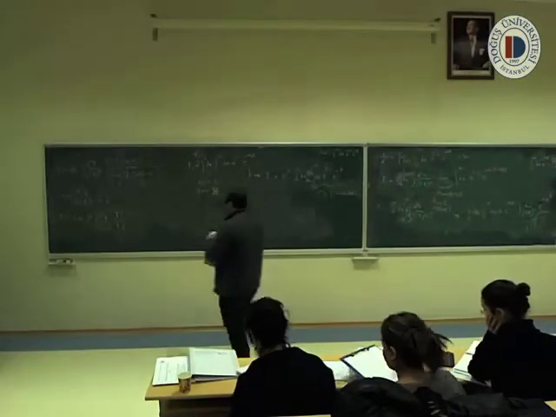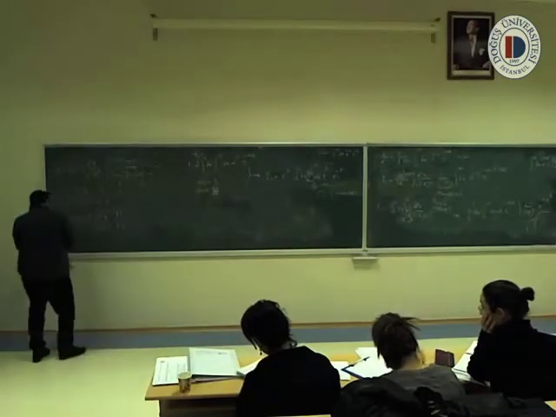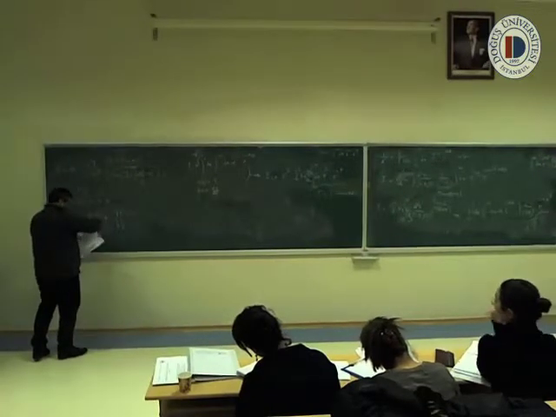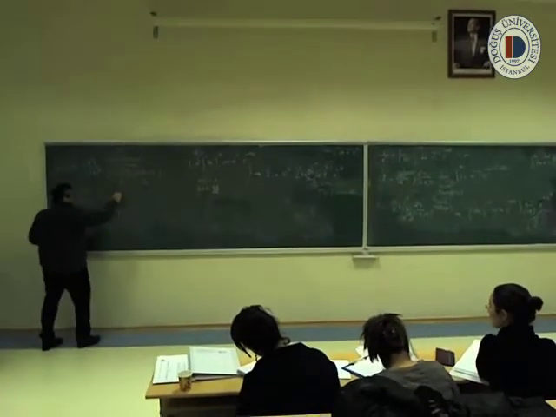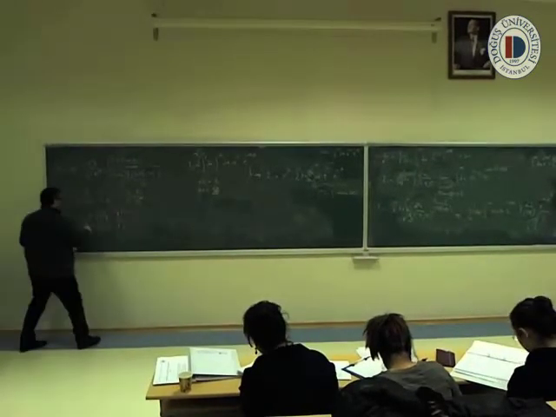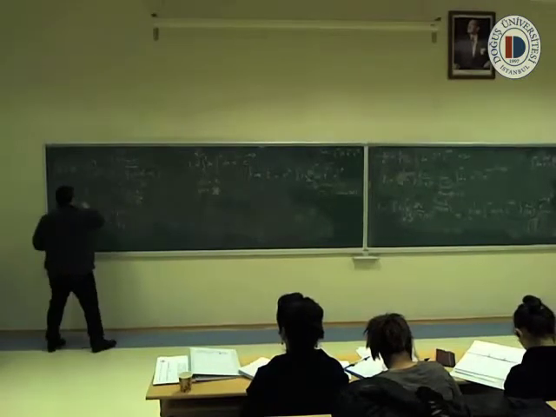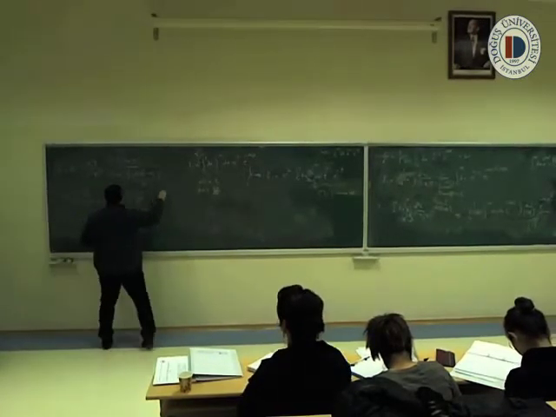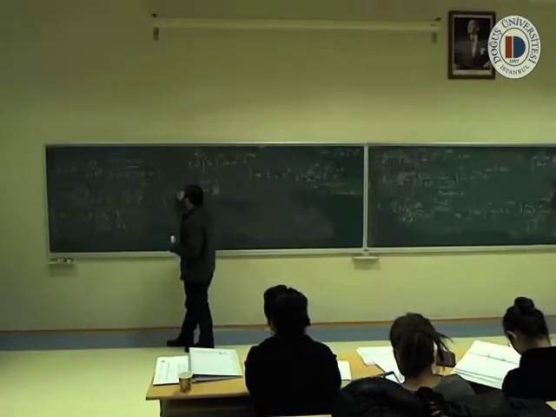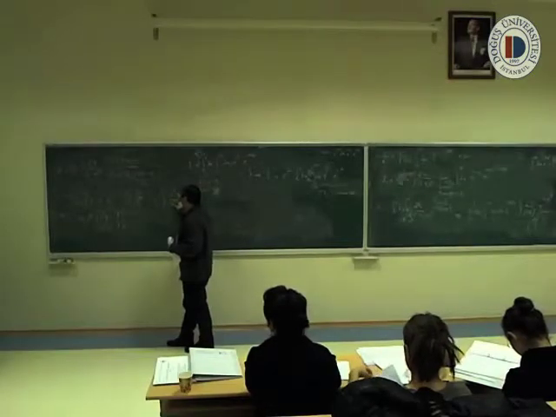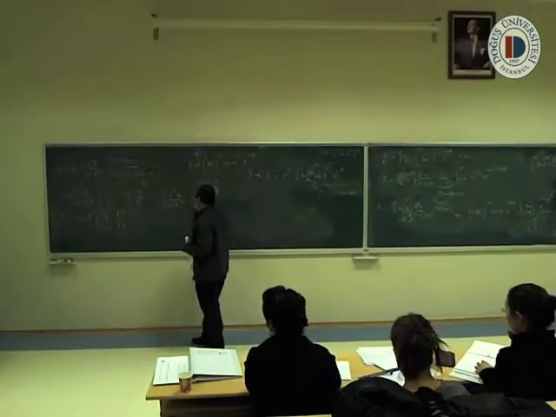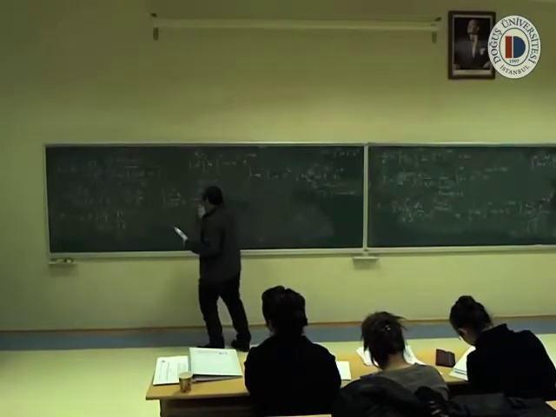If it goes to d dimensions, this integral is written in this term: d^d q over (2 pi)^d, 1 over q squared.